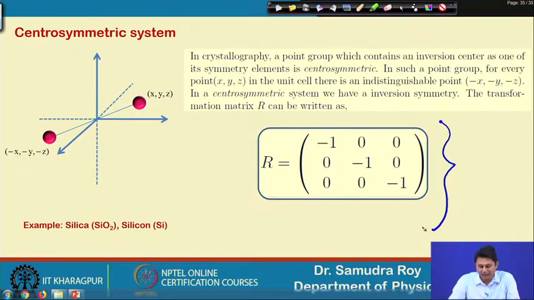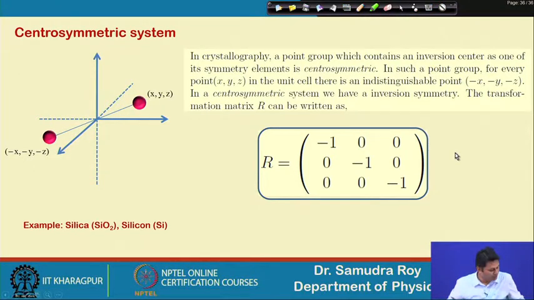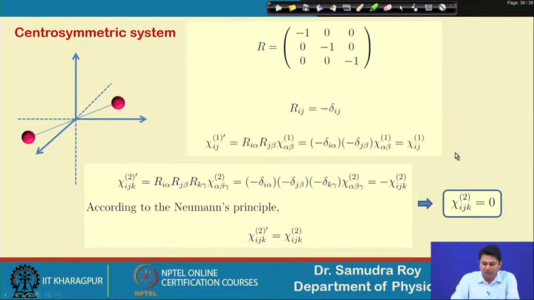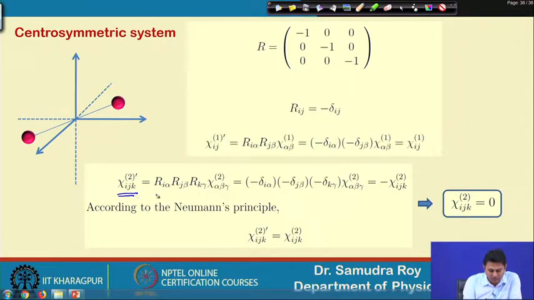Once we have the R matrix in our hand, the next thing is to find out, for this operation, what the new elements should be. We are going to use exactly the same expression that we used for the last few classes or last few slides, and that is this. The second order susceptibility will be represented in this way.